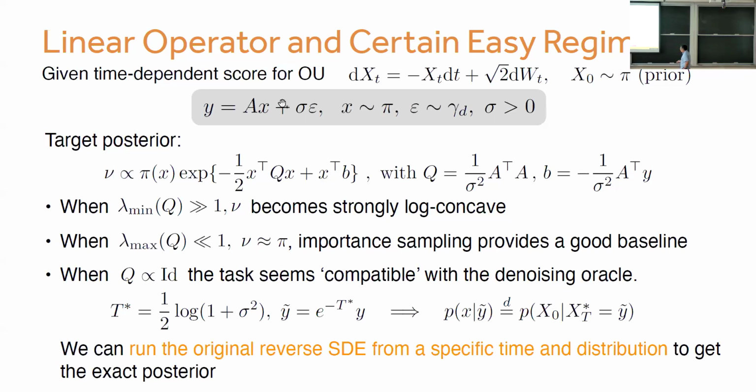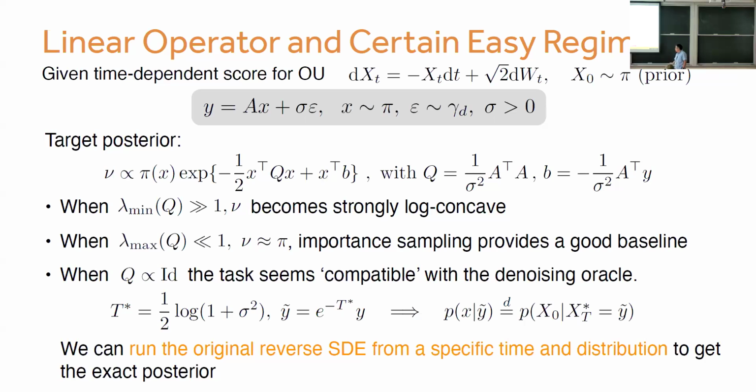Actually, with some calculation by matching the signal to noise ratio, you can show that if you define the capital T star as follows, defined by the signal to noise ratio, and define y tilde as e to the minus t times y, then the conditional distribution of x0 conditional on x at T star equals y tilde is exactly your target posterior.